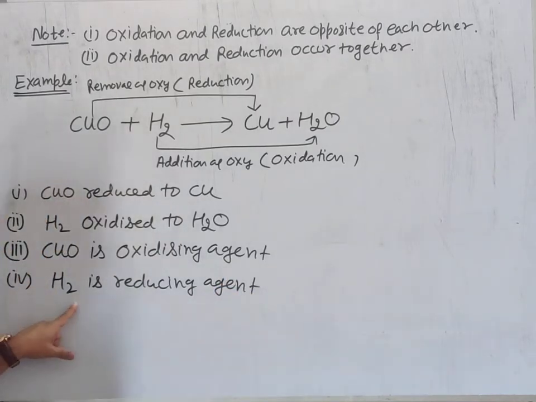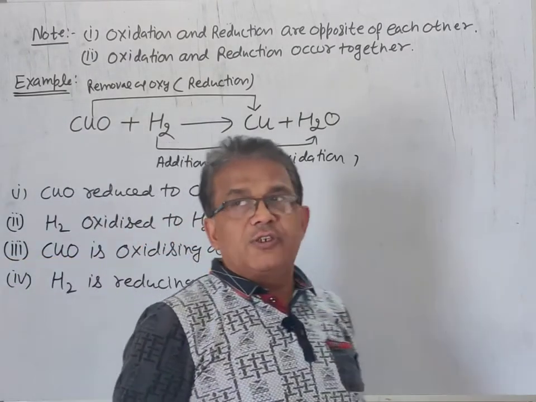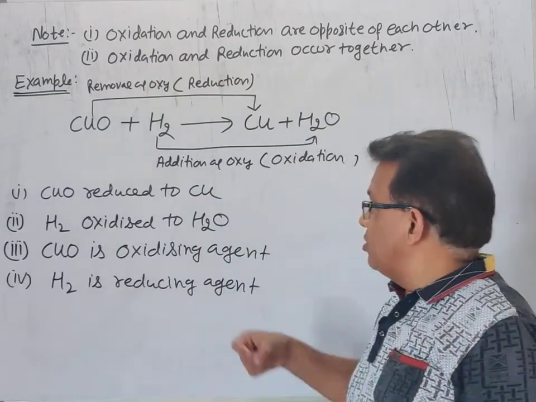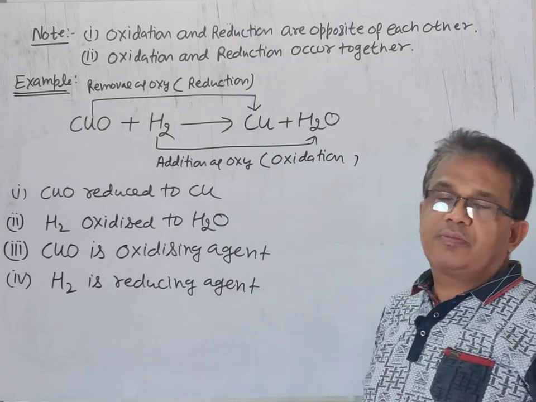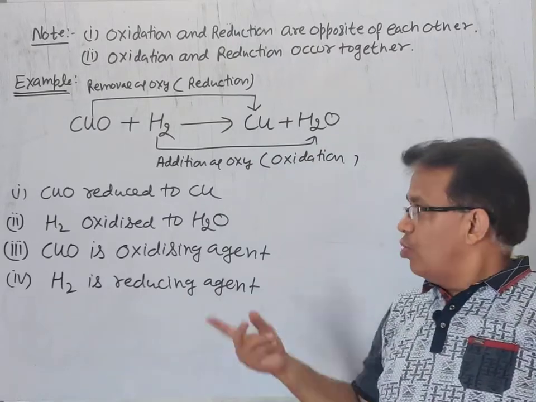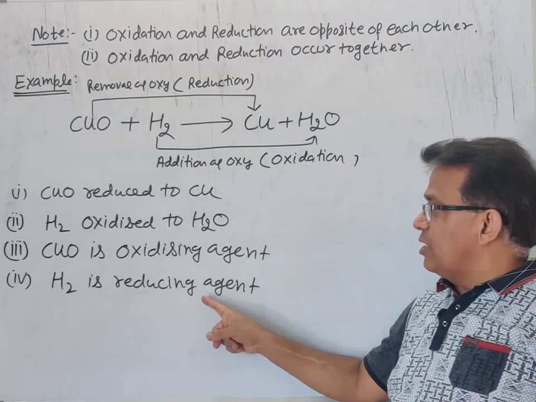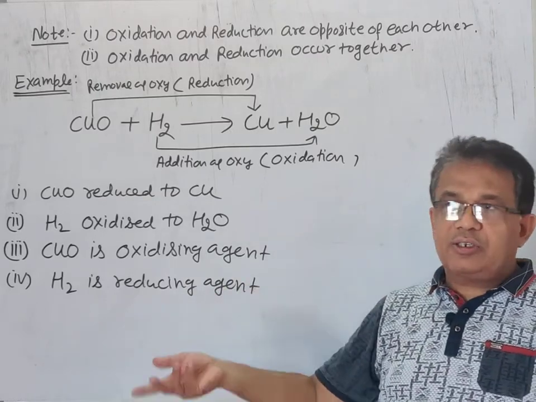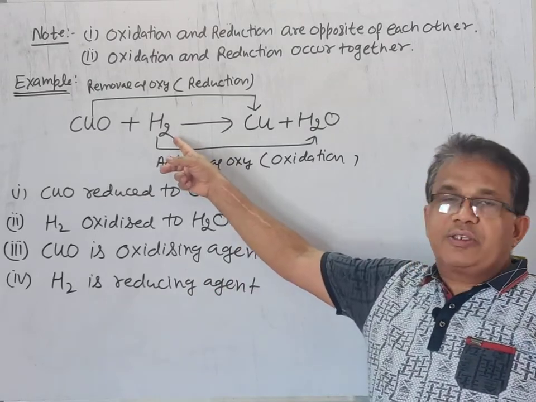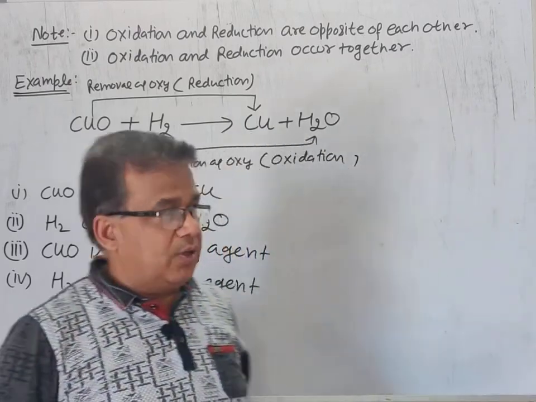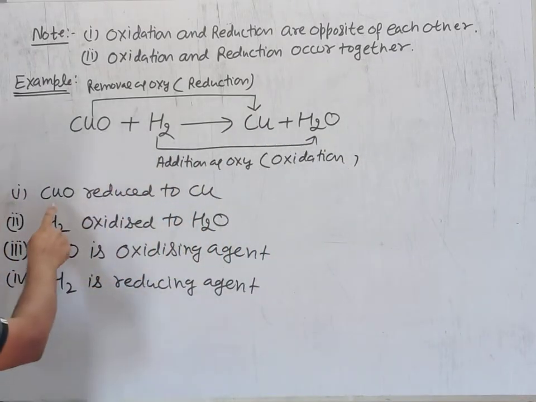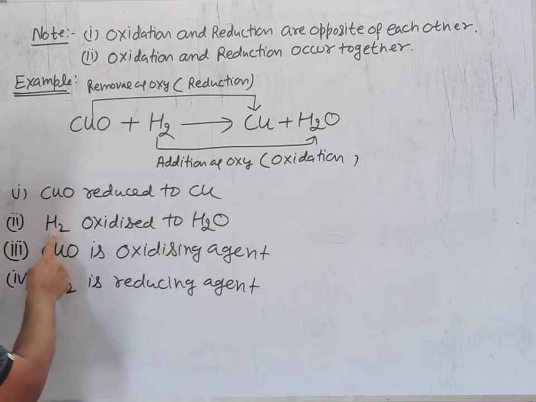Now the reducing agent is the substance which takes oxygen, hydrogen takes oxygen and becomes H2O, or the reducing agent is the substance which gets oxidized, meaning oxygen is added here. So such type of answers should state which substance is reduced into what, which substance is oxidized into what, which is the oxidizing agent, which is the reducing agent.